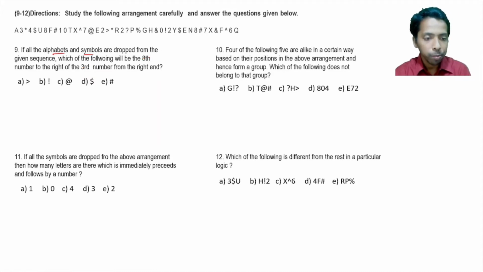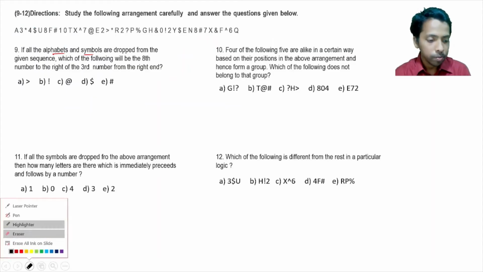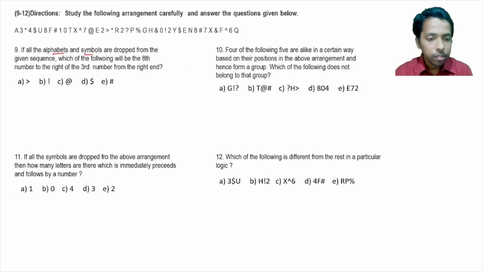Here is a typo. Third from the right, this is 8 to the left, right? 8 to the left of the third number from the right hand. This is the question. This is not right, this is left. Just fix it out.